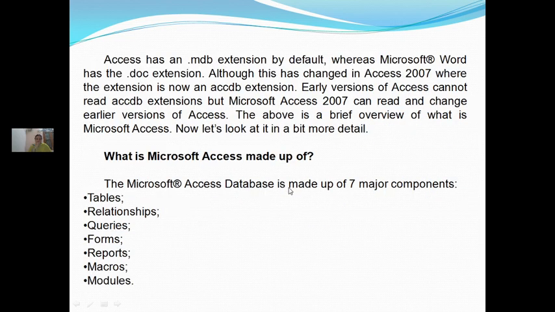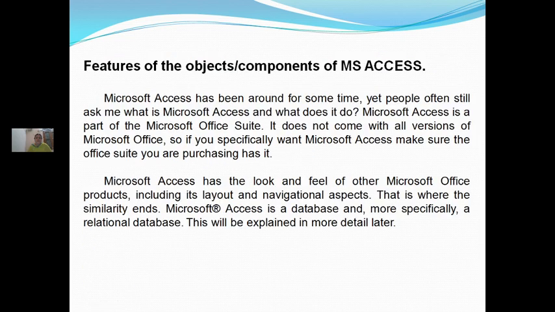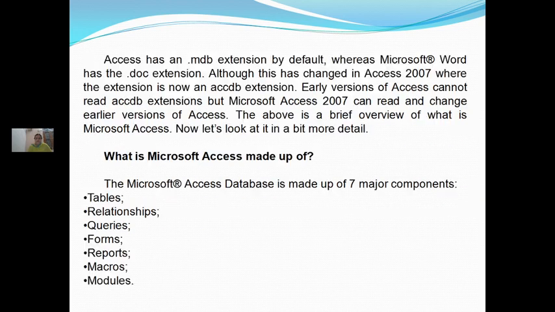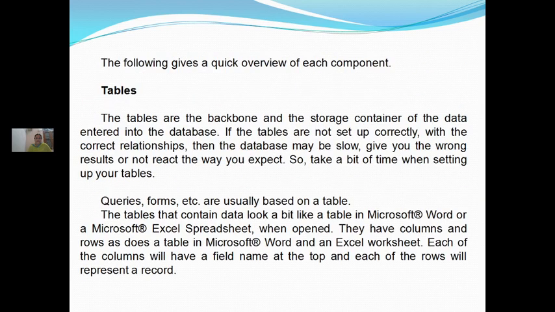Okay. So what are the features of components of MS Access? Let us see. First one is tables. The tables are the backbone and storage container of the data entered into the database.